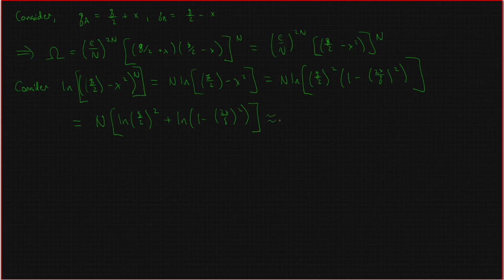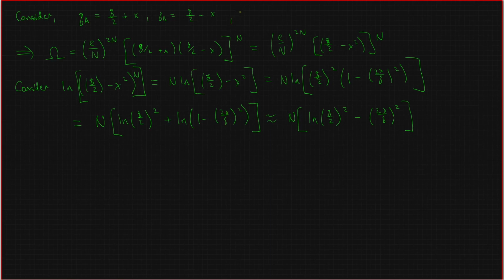Now, we can approximate this as n times the natural log of (q/2)² minus (2x/q)². Okay, so in order to get here, we're just using the fact that this x is really, really small compared to q.